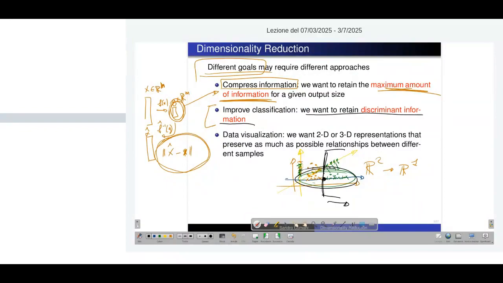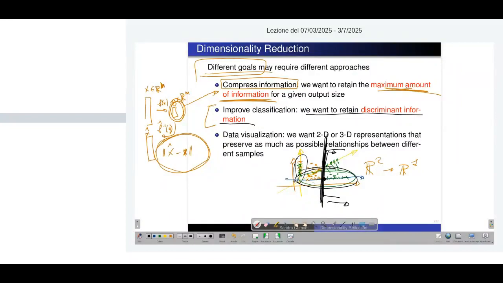Note that this information was already in the original data. When I do this kind of processing, it's as if I were cutting the original two-dimensional space with this plane. We will see this in detail. But here I'm doing the mapping where I throw away directions which do not give me the information that allows me to separate the classes.